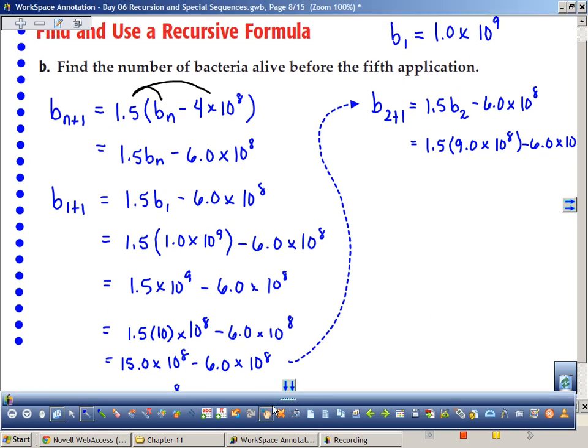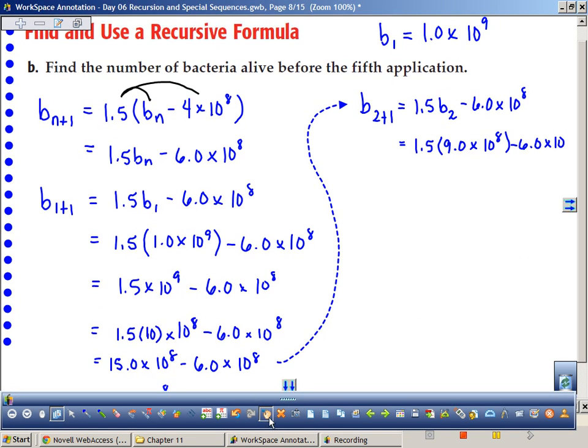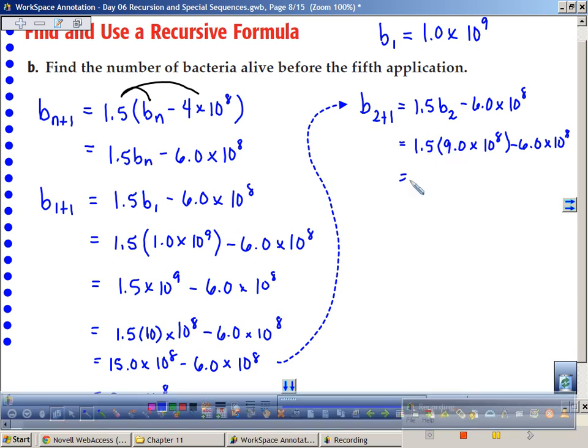What's going to make this one easier? So if they both have the same thing, it's going to be simply smooth sailing. So 1.5 times 9 is how much? 13.5 times 10 to the 8 minus 6.0 times 10 to the 8 makes how much? 7.5 times 10 to the 8.